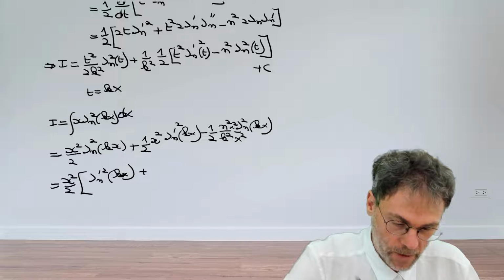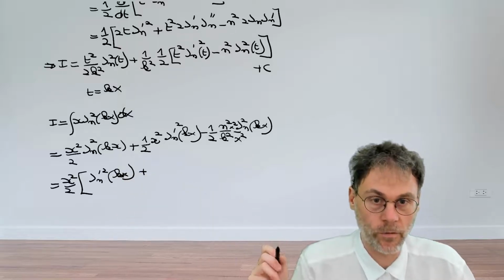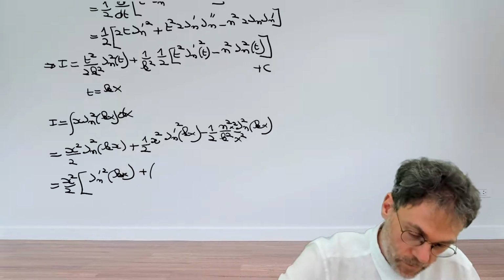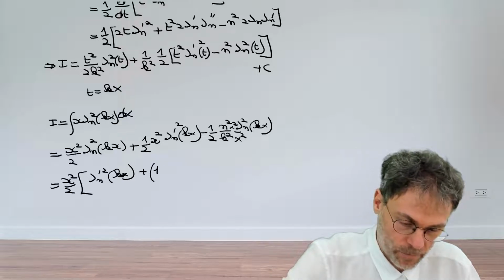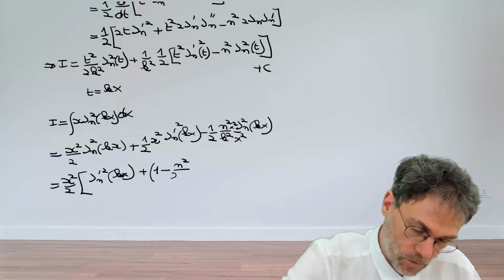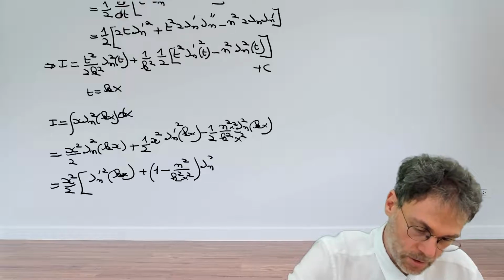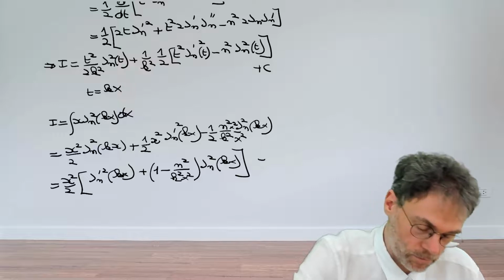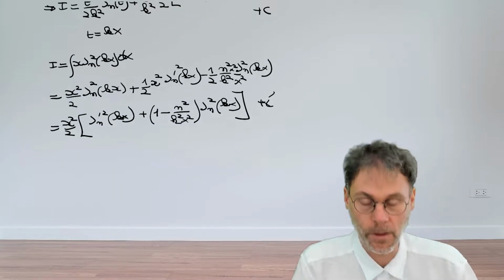Then we have terms involving jn squared of kx. So the first term just has a coefficient of 1. And then we have a coefficient of minus n squared over k squared x squared, jn squared kx plus the integration constant, which I keep forgetting, but which is not terribly important.